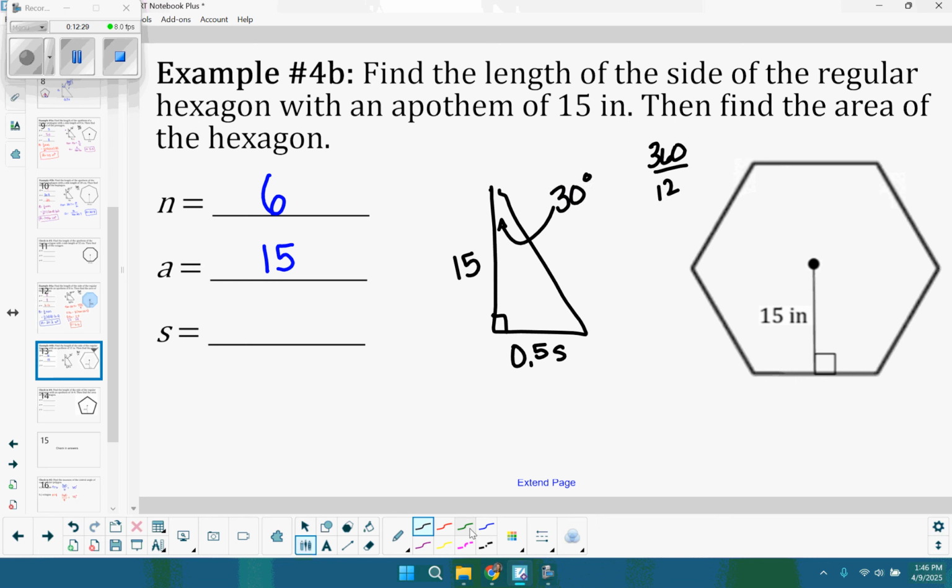And then the last thing would be to do 1/2 NAS. See our full list. So 1/2 times 6 times 15 times 17.3. And I get 778.5. That was inches, so inches squared.